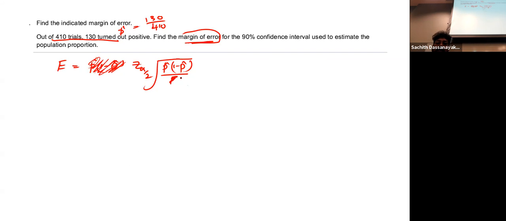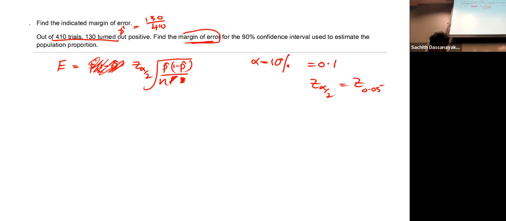So simply find those values. You can find p hat using this. N is given. It is 410. Alpha is 10%, which means 0.1. So Z alpha over 2 is known. Just plug the values in and find the margin of error.